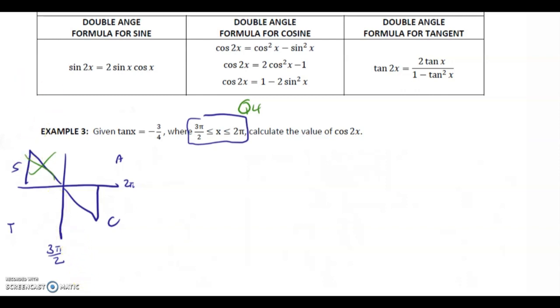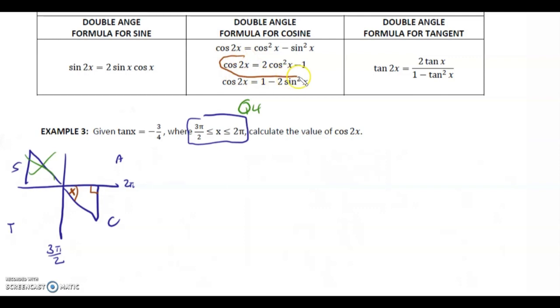Okay? Now we're not going to have two solutions for this because there's not two different ways to solve this. It's only one quadrant. It's specifically x in this quadrant. So calculate the value of cos 2x. Okay, so I'm a very, very lazy person.